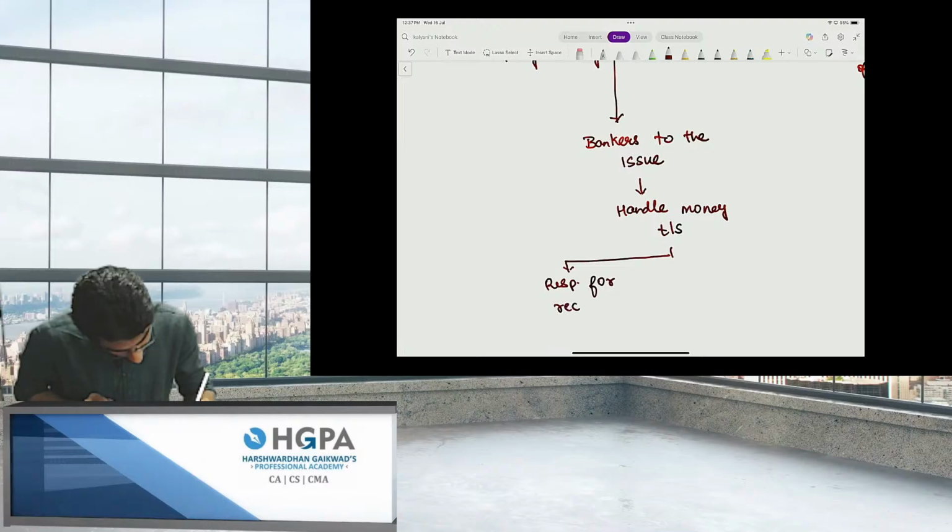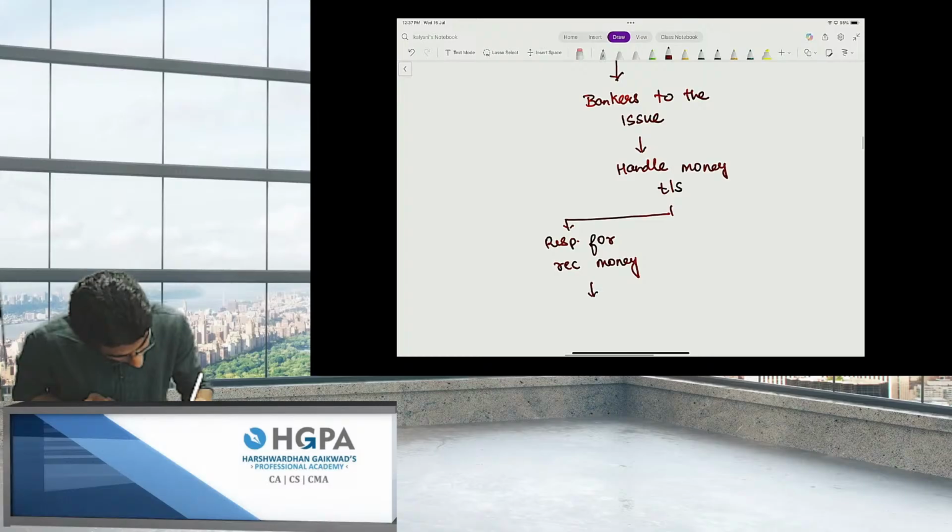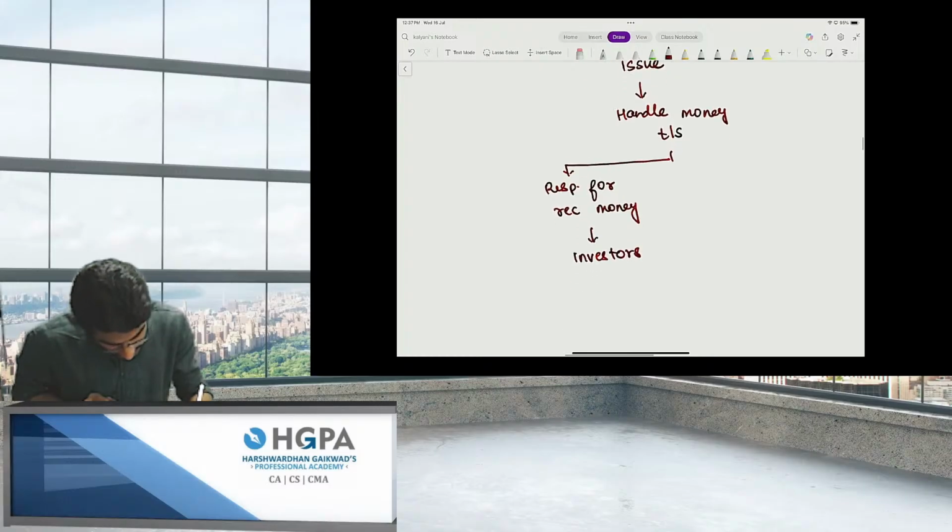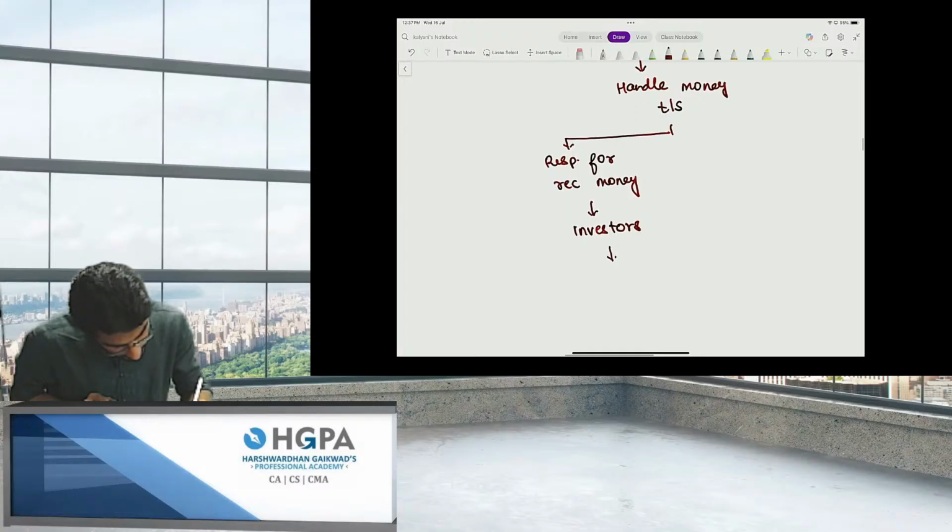receiving money from investors. They are responsible for receiving money from the investors who want to buy shares in an IPO.